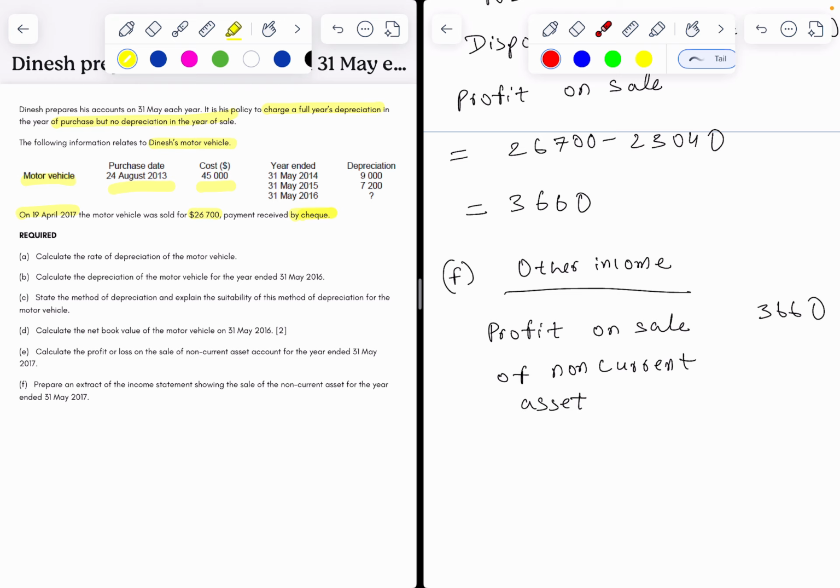Now, profit on the sale of non-current asset of $3,660 is a profit which we have not made from regular operations of the business, but rather it's a profit which we have made by disposing of a non-current asset that the business originally owned. Therefore, this is classified as some kind of other income. So when you prepare the extract of the income statement, or when you prepare the income statement itself, you would show this profit under the other income section. And that is $3,660, which is what you have seen we have derived in the previous question.